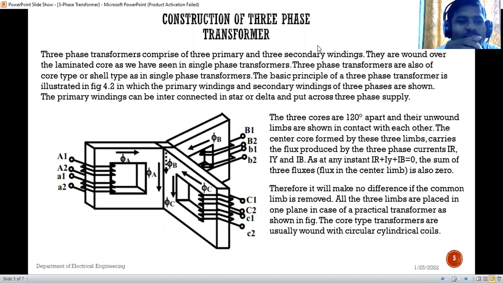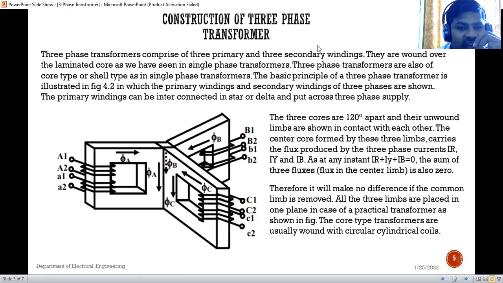Okay, so core type transformer and shell type transformer are the same as those of single phase transformer, and the basic principle is again similar. It is nothing but the mutual induction principle. The basic principle of a three phase transformer is illustrated in this figure, in which the primary winding and secondary winding of three phase are shown.